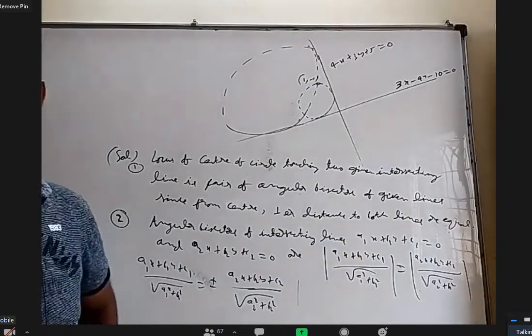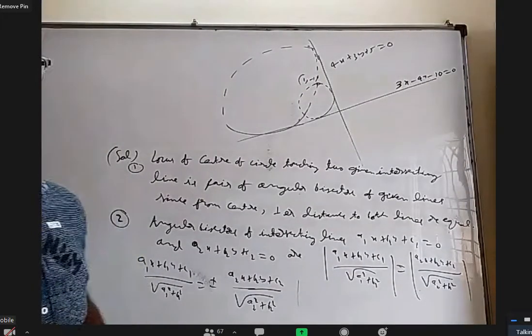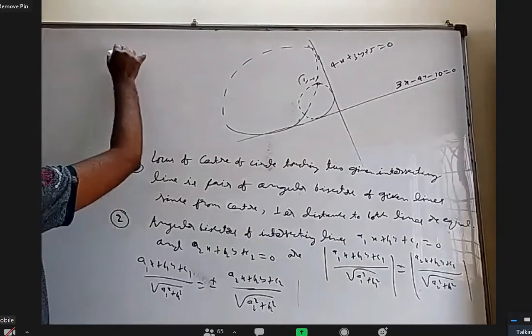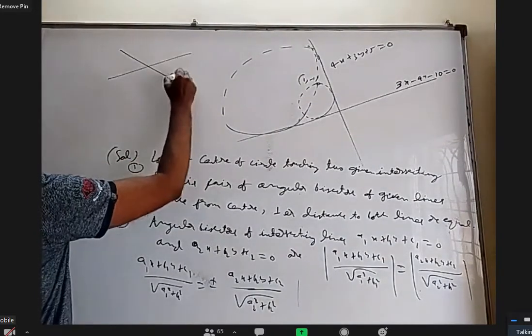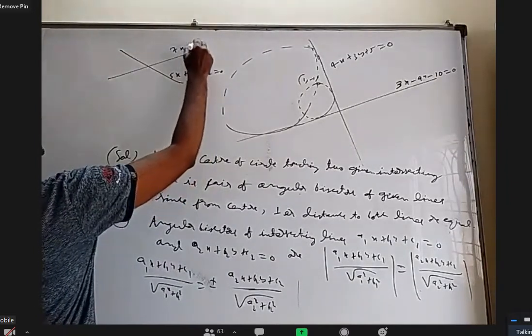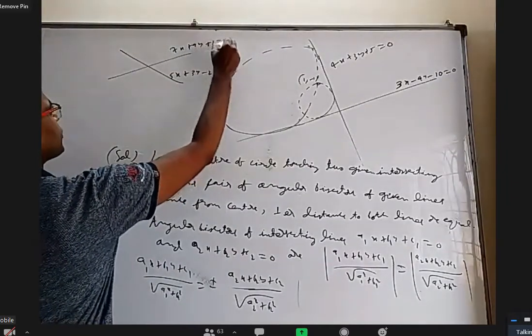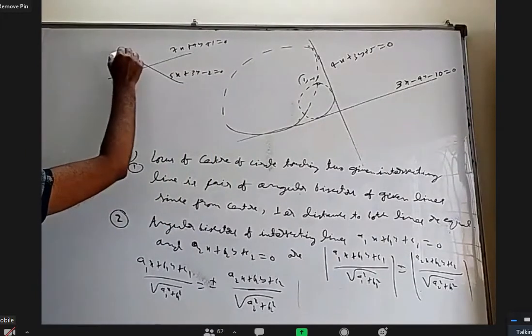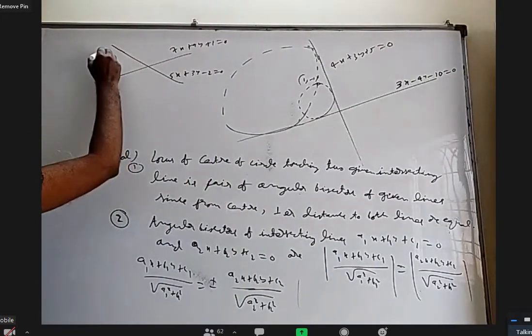Let me see if somebody can answer this question. I'll give two lines, let's say 5x + 3y - 2 = 0 and 7x + 9y + 1 = 0, and there is a point here, (1, 3).